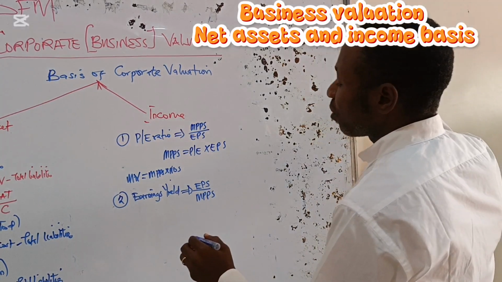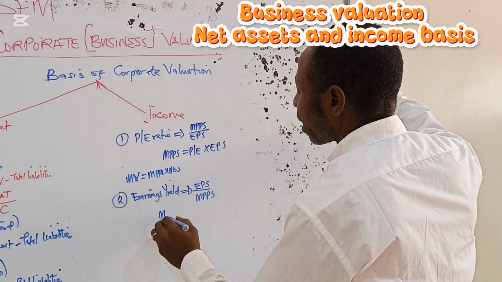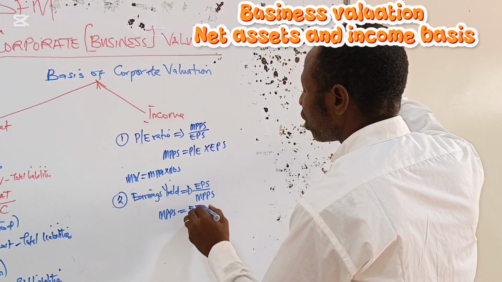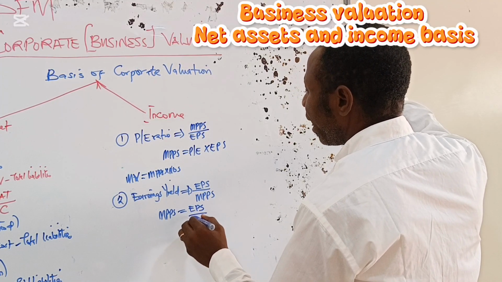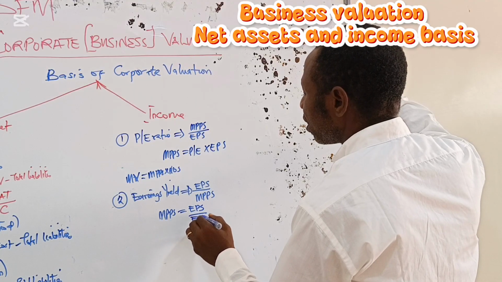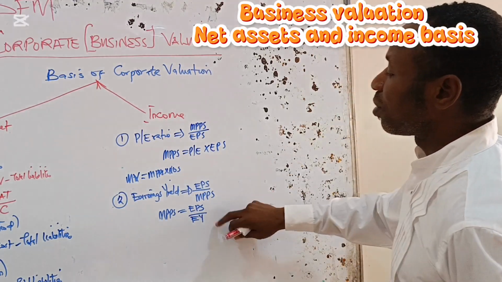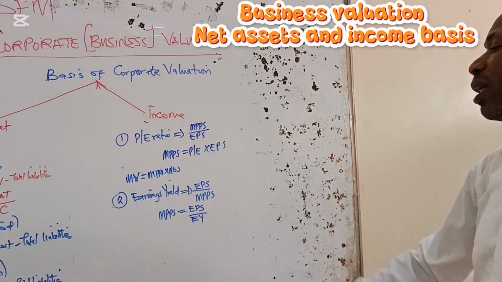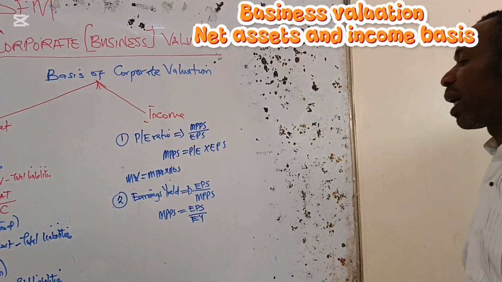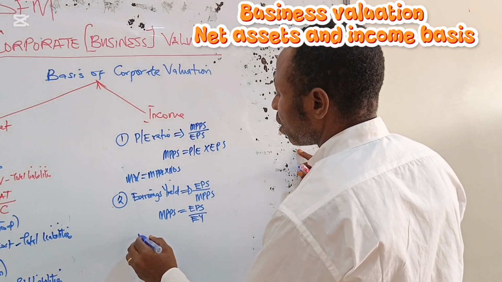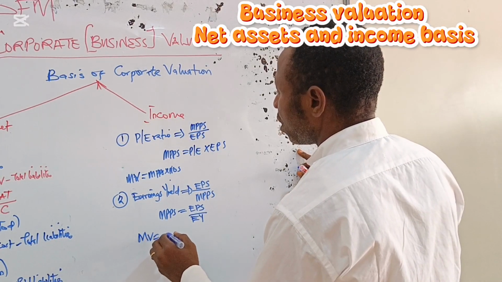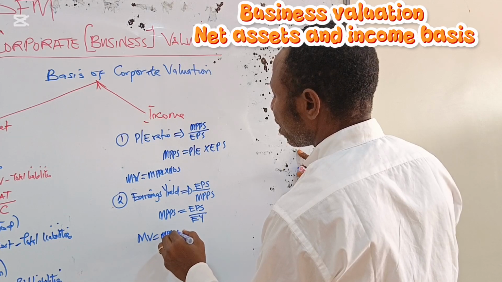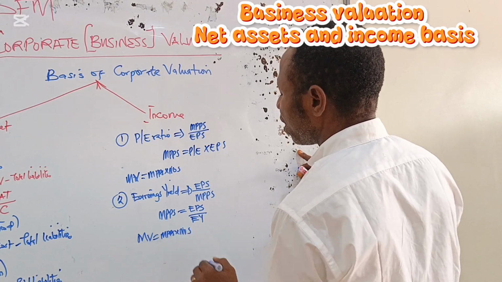Changing the subject of this formula, we will have market price per share is equal to earnings per share divided by earnings yield. This becomes our value. If we multiply market price per share by number of shares, we get our market value, which is market price per share times number of shares.